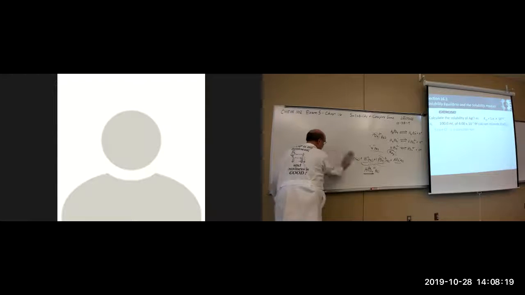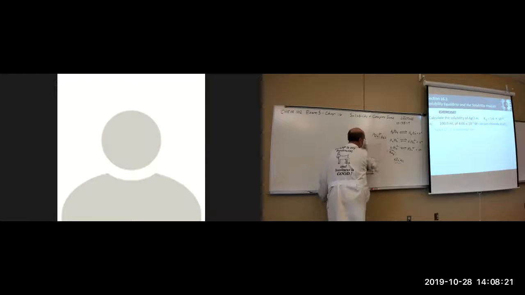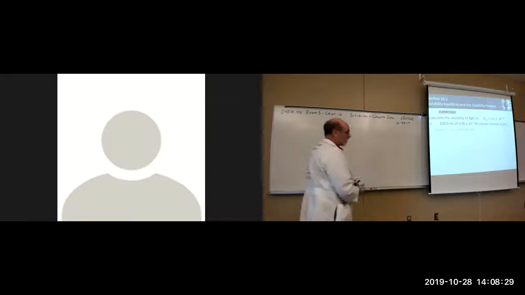All right, so this was a qualitative discussion of the impact of modifying an aqueous solution on the solubility of an insoluble compound. Now we're going to be able to quantify it.